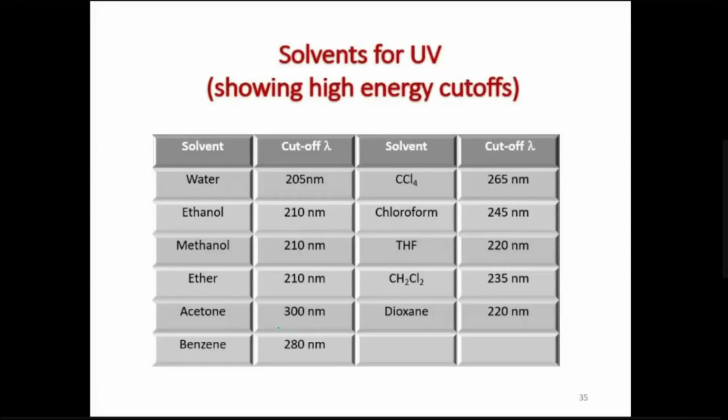These are different cutoff wavelengths of different solvents. I will give you one example. Chloroform over here will absorb UV light till 245 nanometers. So if you have any compound, any analyte whose lambda max is near to this, you cannot use chloroform.